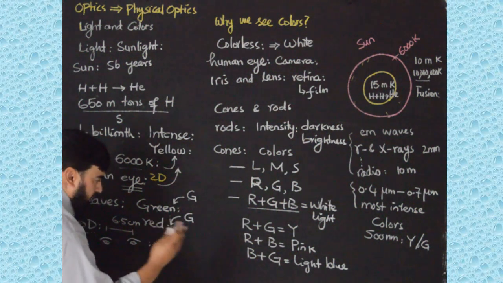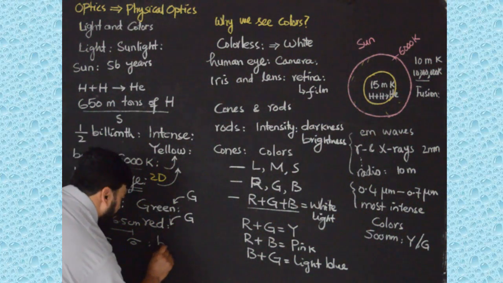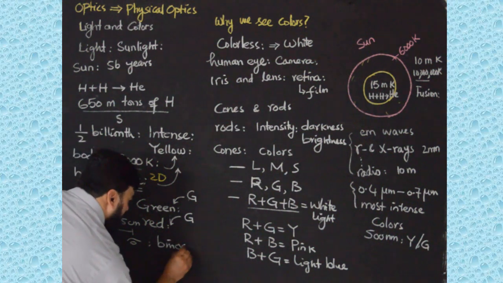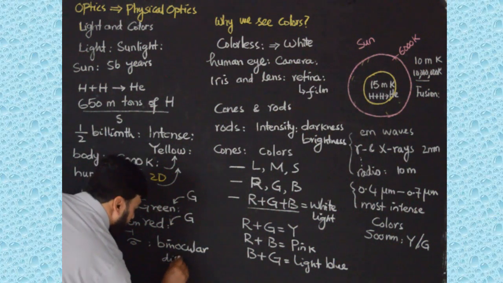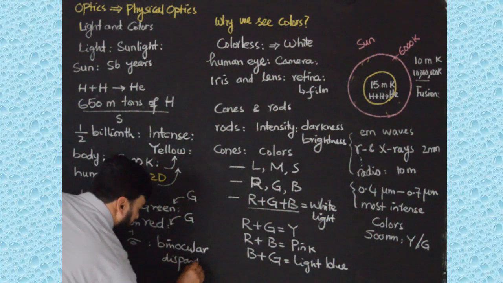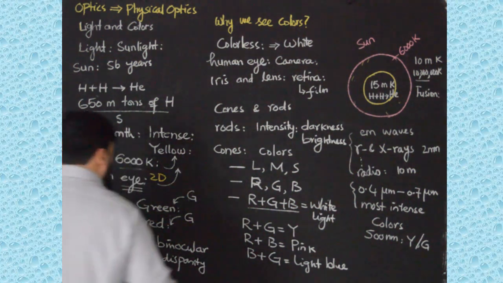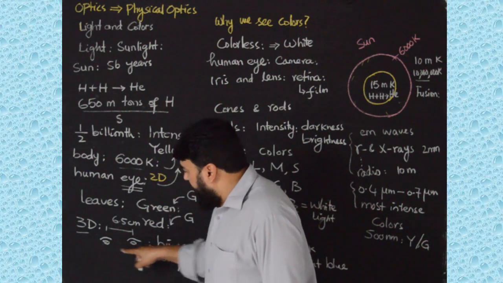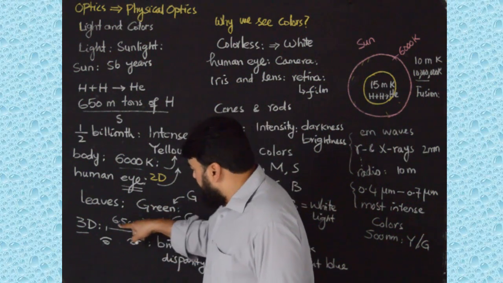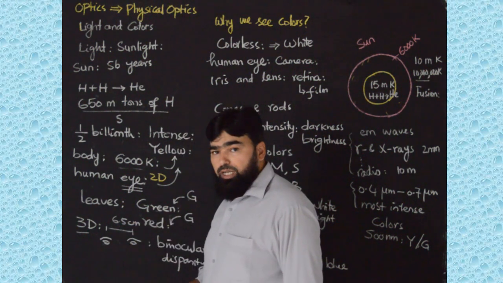So it goes like this and this, and this disparity is called binocular disparity. It means the pair of eyes have some displacement in the image.